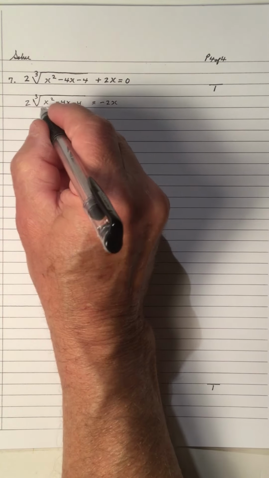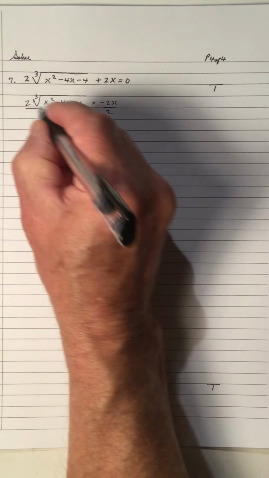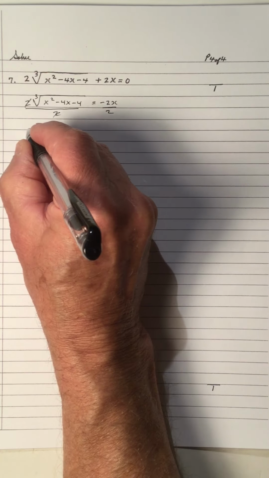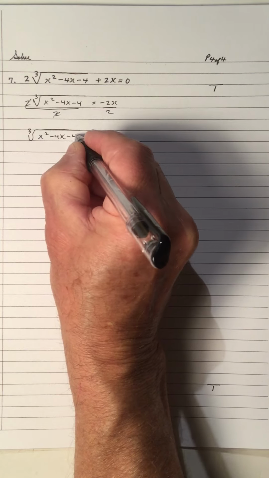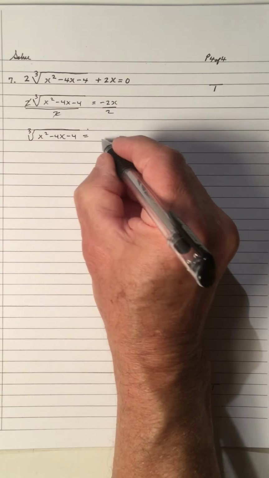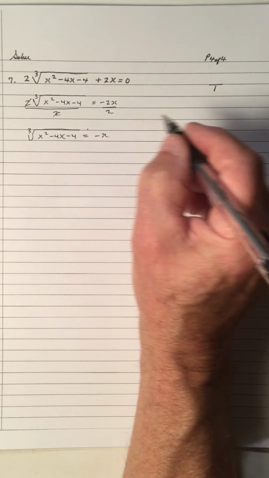Now, I have to isolate the root, so I have to divide by 2. The 2's cancel, and I get the cube root of x squared minus 4x minus 4. The 2 cancels here to give me negative x. Negative 2 divided by 2 is negative 1.